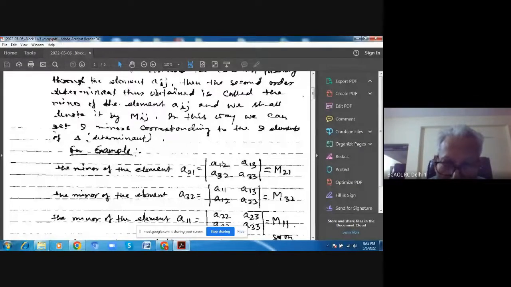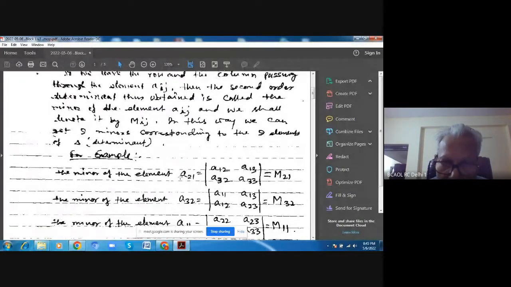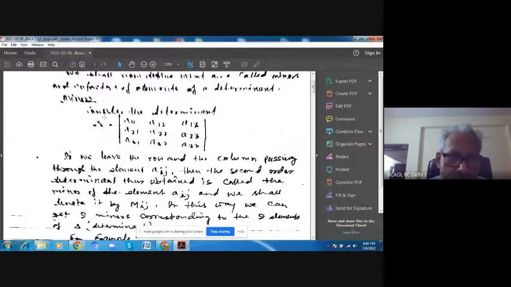Now we can give it a rename. So we have minor 21. This is A21. Minor 21 means A21 is the element of a particular determinant. This is the determinant, this is the element. What is the minor of this element?